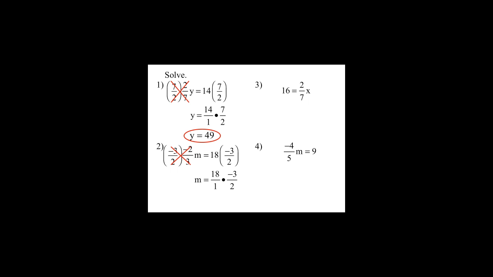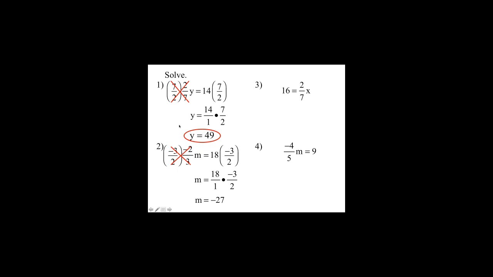All right, now check your work. Y is equal to 49 for number 1. Number 2, don't forget about that negative. We're still going to be multiplying by the reciprocal. I'll include another negative with it so we can clear the negative.